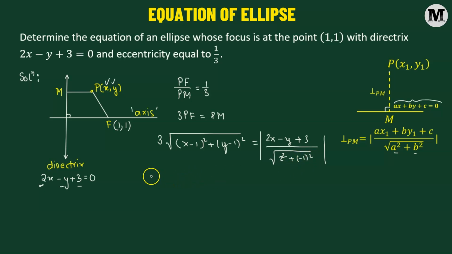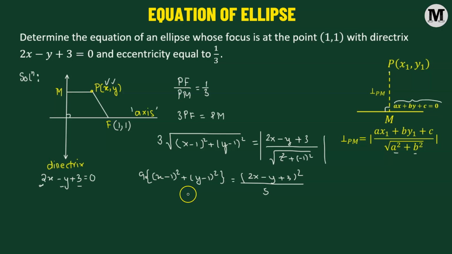Fine. Now, to simplify this, we're going to square both sides to get 9 multiplied by (x minus 1) whole squared plus (y minus 1) whole squared, equal to (2x minus y plus 3) whole squared divided by 5.